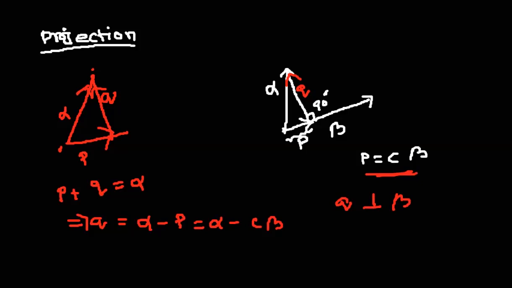And we know that if two vectors are orthogonal to each other, their dot product, or inner product, must be equal to 0. So let me write that down. Q dot beta is going to be 0. By using this formula, that Q dot beta equals 0, we are going to find the value of C, and from there we can find the projection vector.